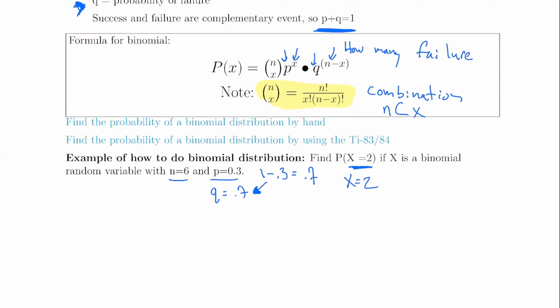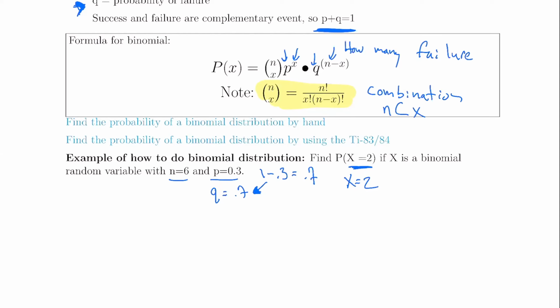All right. So we have everything we need in order to find our binomial distribution. I know what n is, I know what p is, I know what q is, I know what x is. Another thing: you did 1 minus 0.3, and that's equal to q.